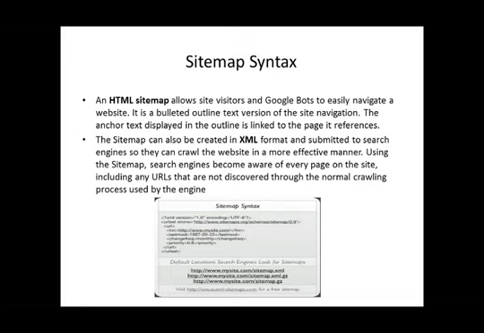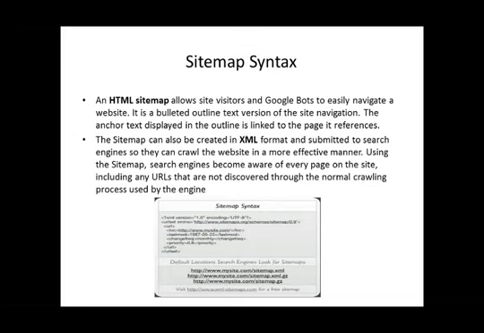So when the Google crawler comes to this HTML sitemap, it can crawl all the different URLs that have been put categorically in one go. And apart from the HTML sitemap, the other sitemap, which is important only for search bots, is the XML sitemap.